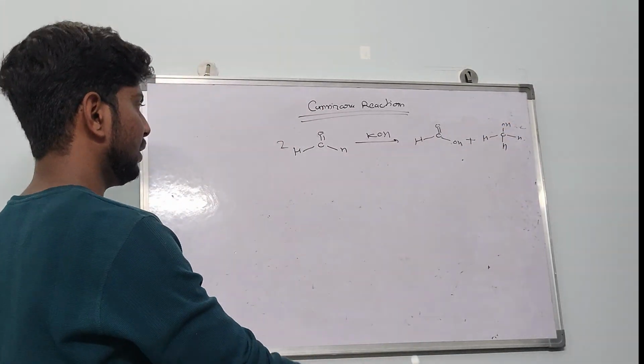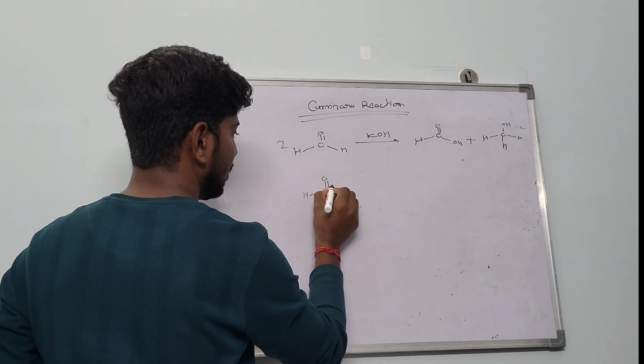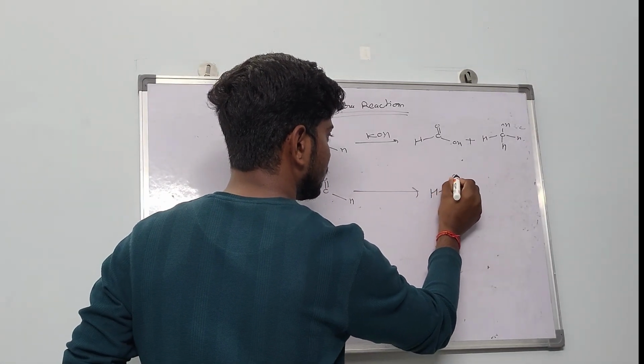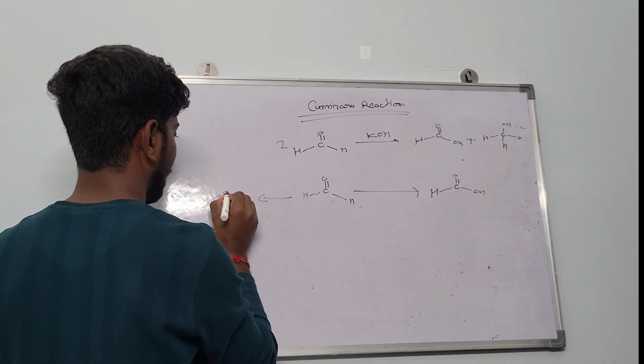So here, from the aldehyde, one is converted into the carboxylic acid and one is converted into the alcohol.